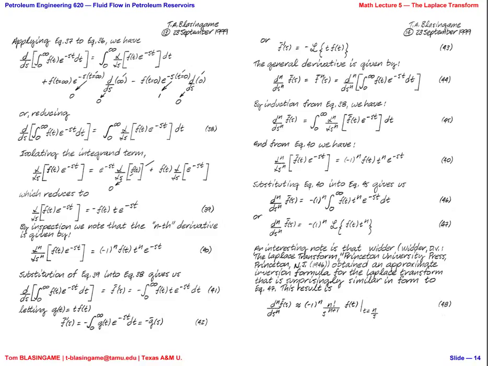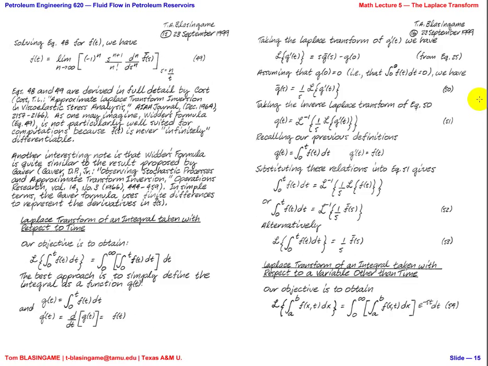So the Laplace transform of f(t) times t to the n is going to be minus 1 to the n, times the n-th derivative with respect to s of F(s), d^n F over ds^n, right? It's basically the same here. Okay. What other properties do we have?